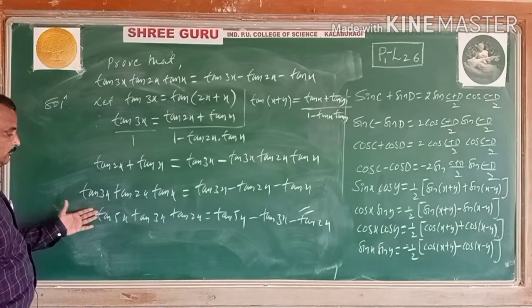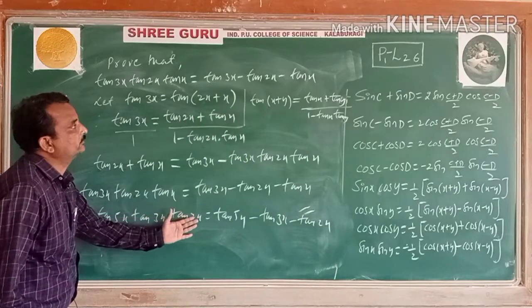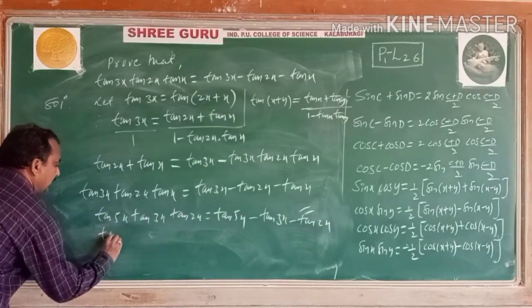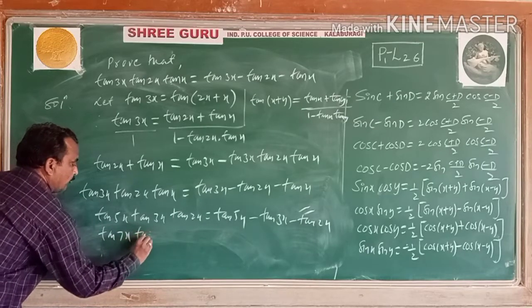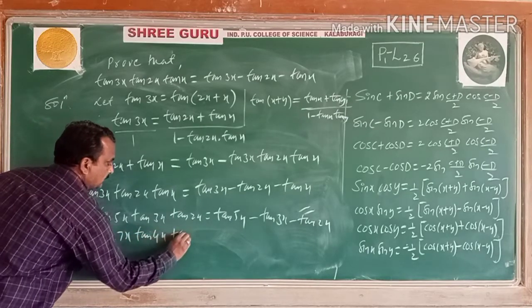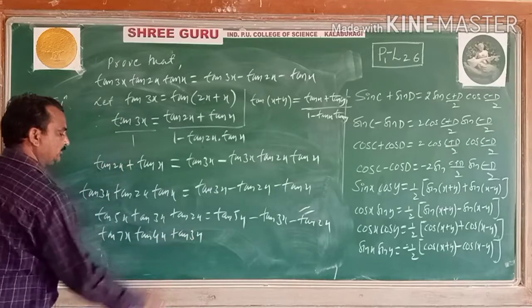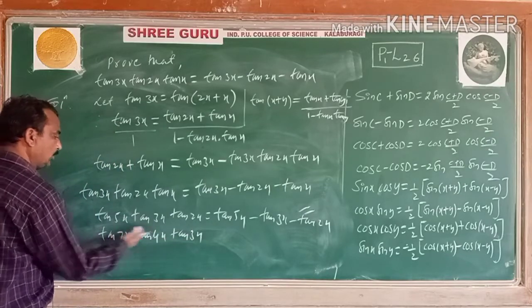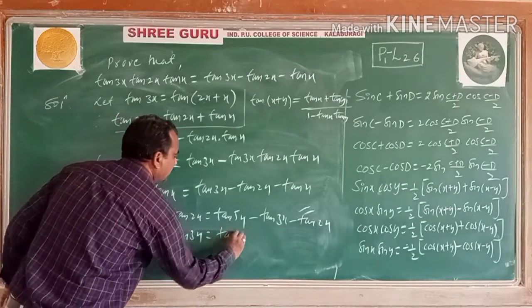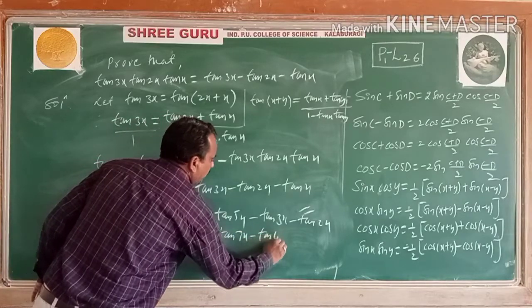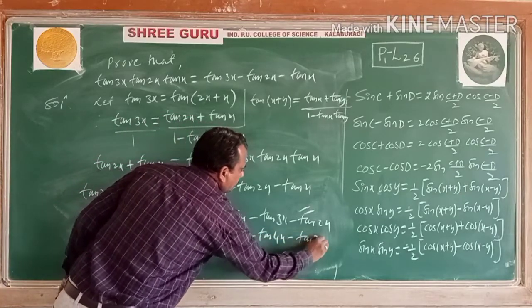This was once asked in the CET examination as well as in theory. 5x can be written as 3x plus 2x. The next, tan 7x, tan 4x, tan 3x. He may take 5x plus 2x also. 4 and 3, you have to convert 4 and 3. Tan 7x minus tan 4x minus tan 3x.